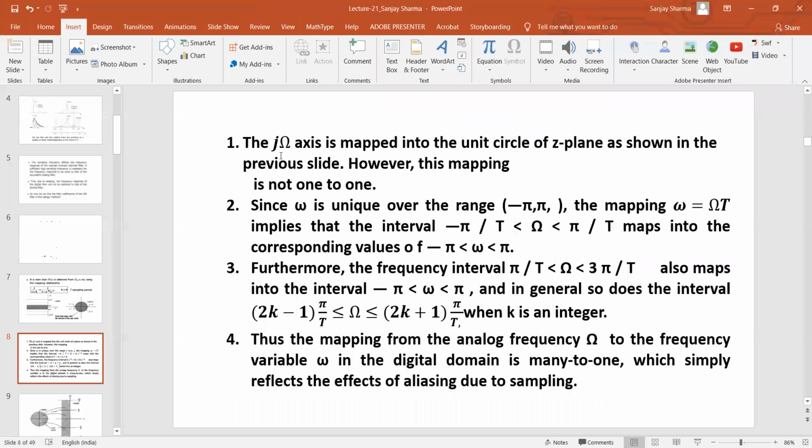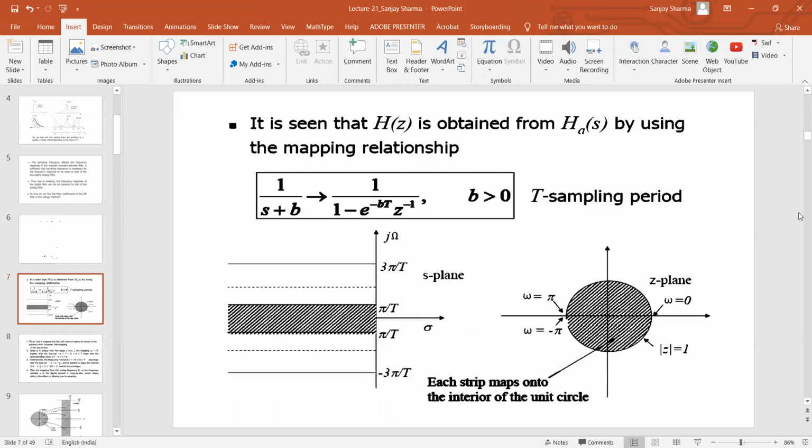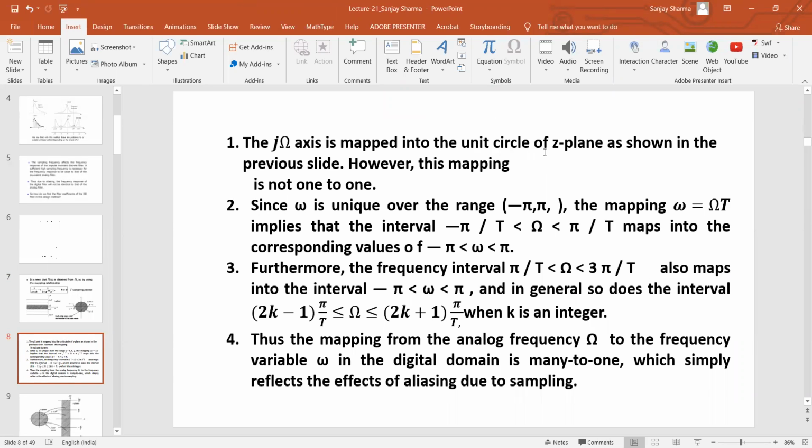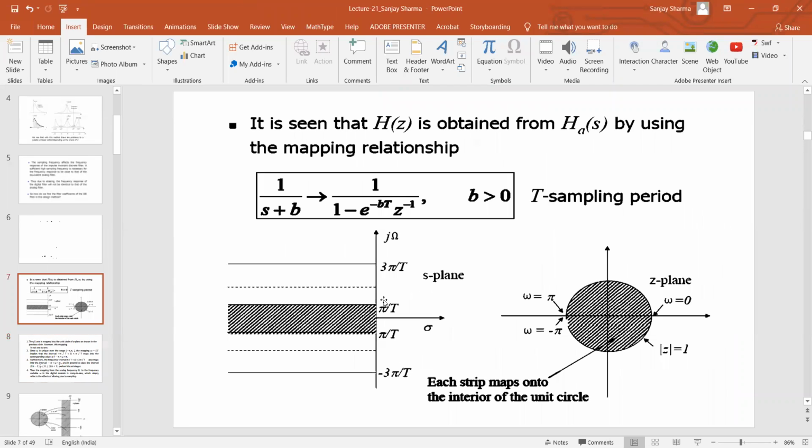The j omega axis is mapped into the unit circle of that plane, as shown in the previous slide. However, this mapping is not one-to-one. What is one-to-one mapping? The complete space on the left side of the j omega axis, not divided into strips, must map into the inside of the unit circle.